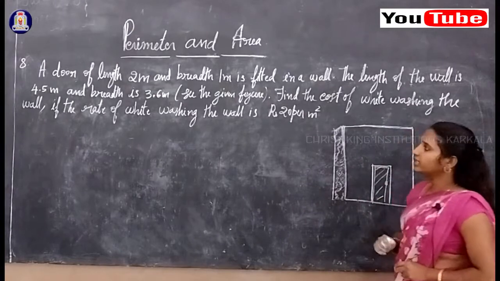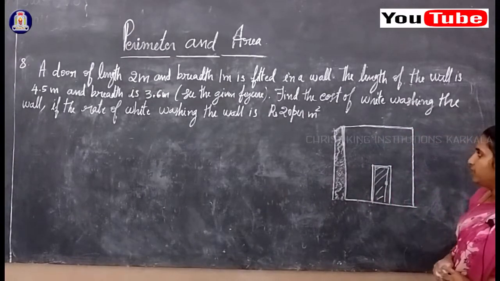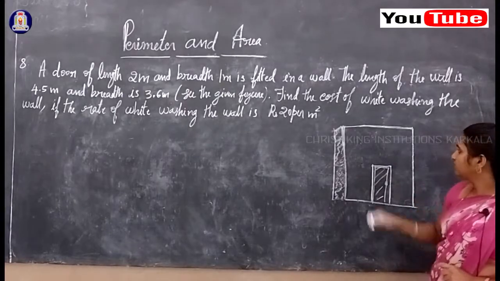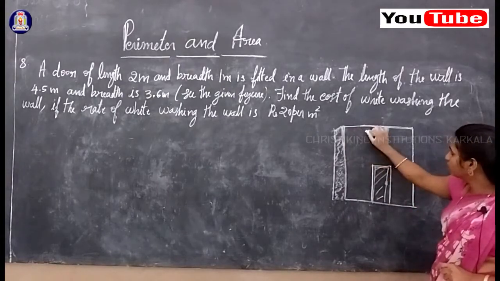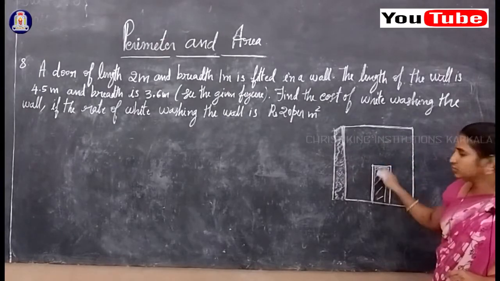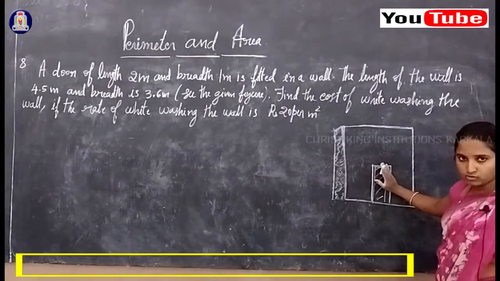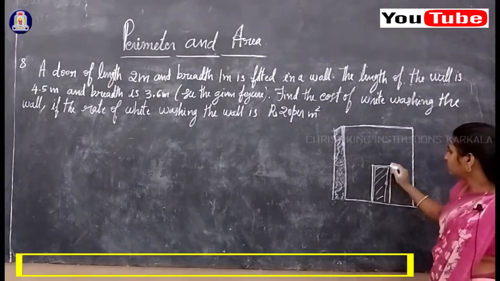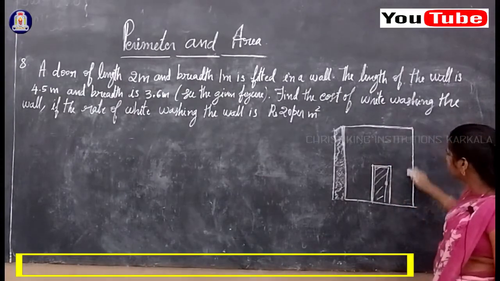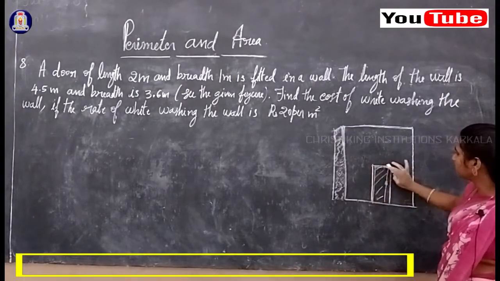Now the rate of whitewashing the wall is rupees 20 per meter square. They want to whitewash only the wall, not the door. Clear? So you have to consider only this part, not the door. Actually this much part is removed.